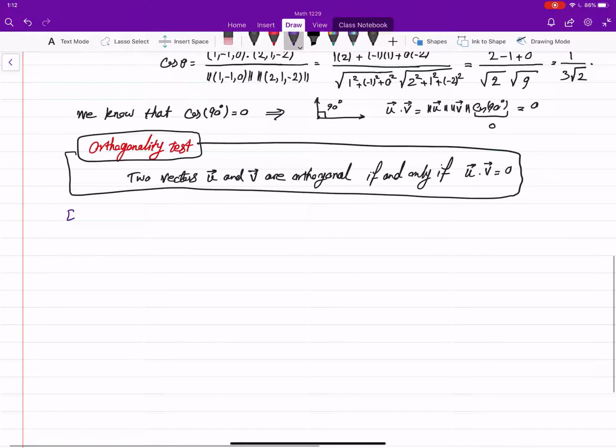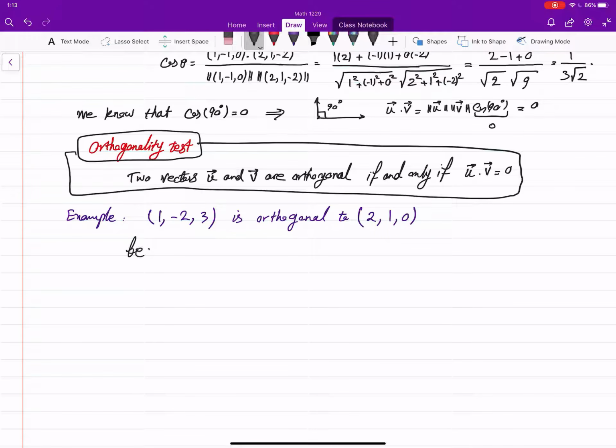For example, 1, negative 2, 3 is orthogonal to 2, 1, 0. Why?